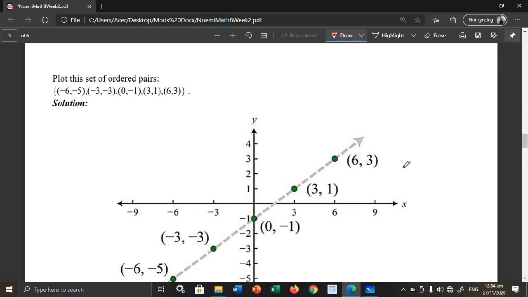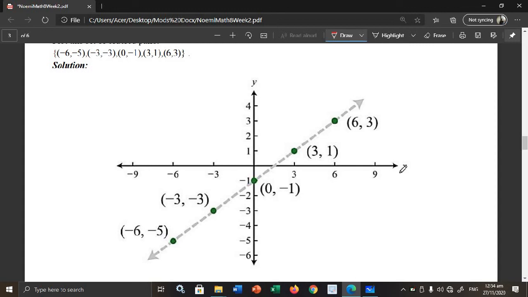It's fine. Kasi sometimes talaga, yung mga pinaplot nating ordered pair, malalaki na yung number. So, shortcut lang natin. And it's fine. You can do that. No, as long as tama yung plottings mo, yung itsura ng Cartesian plane, maayos, malinaw, then, I can consider, no?